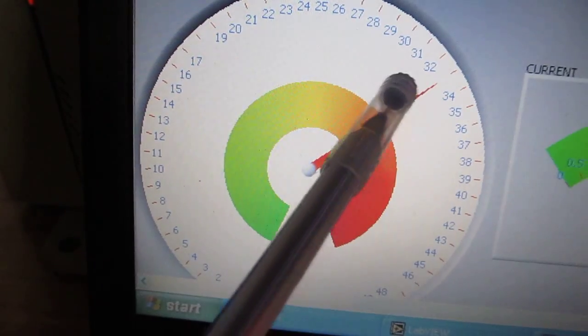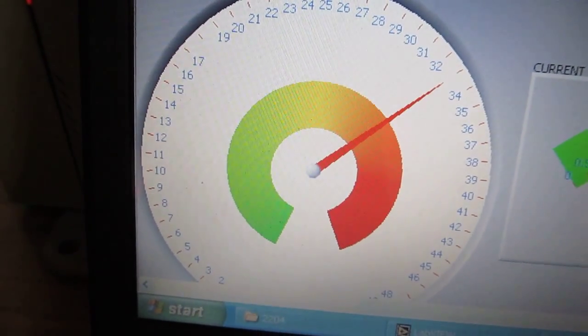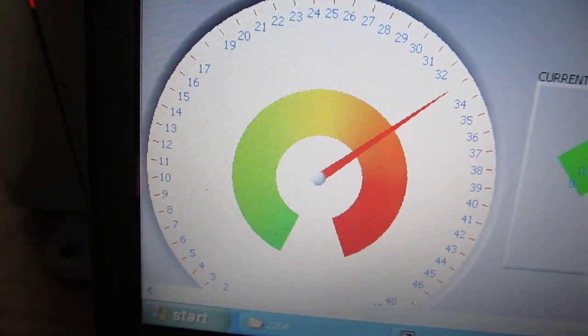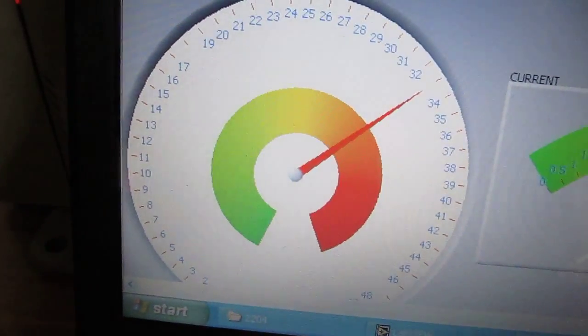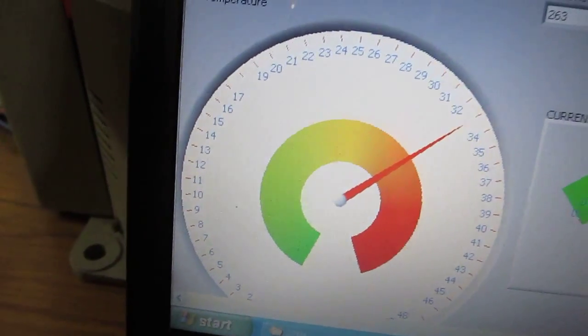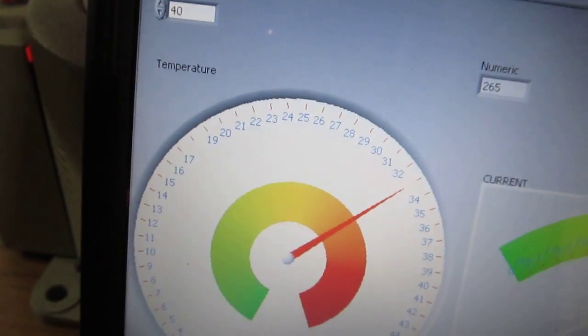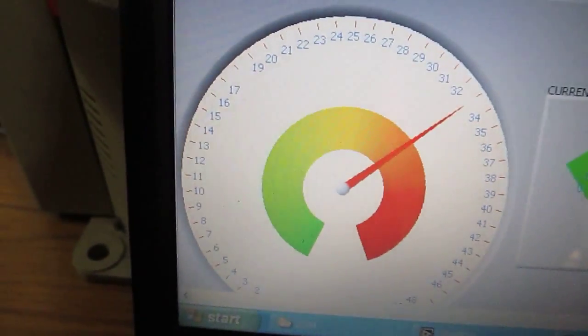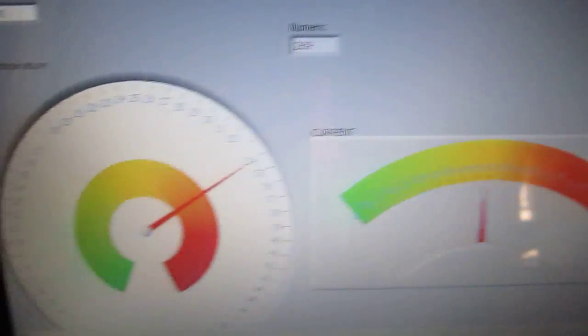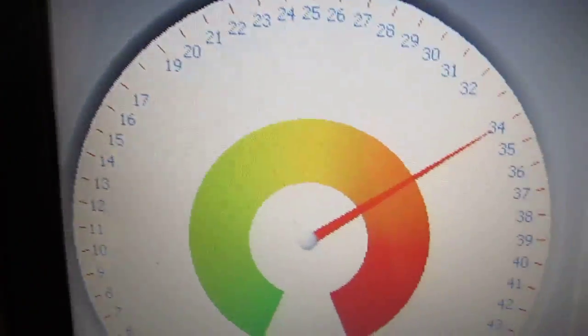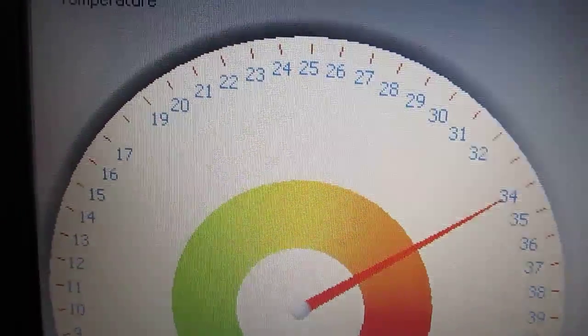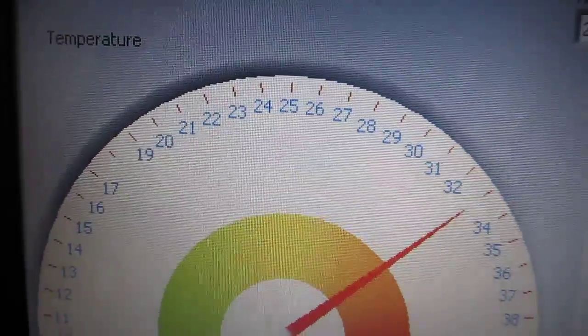You can see it is slowly increasing. Very slow, because temperature is a real physical signal, which is not going to increase as rapidly as possible. It is going to increase gradually. You can see the rise in temperature.